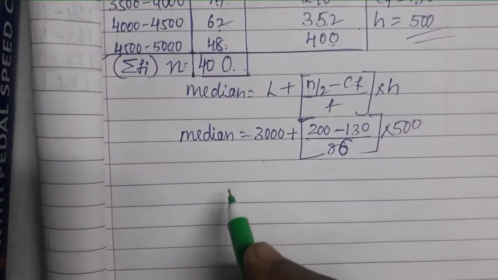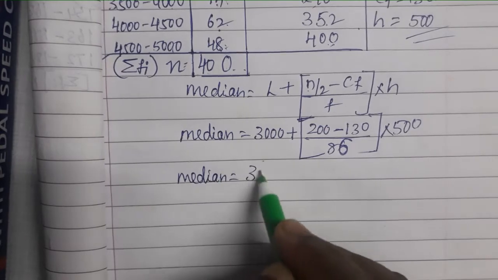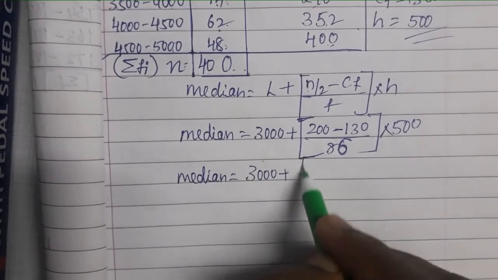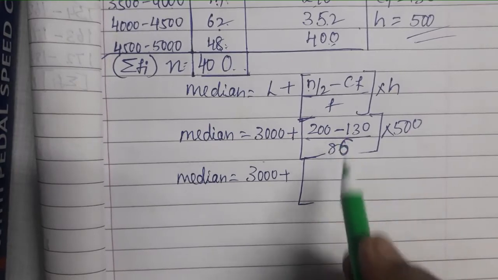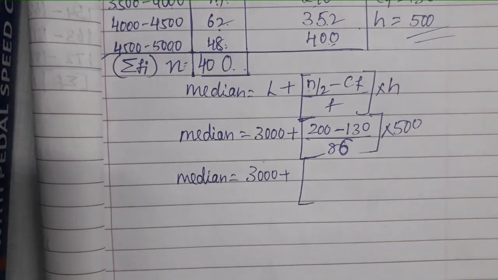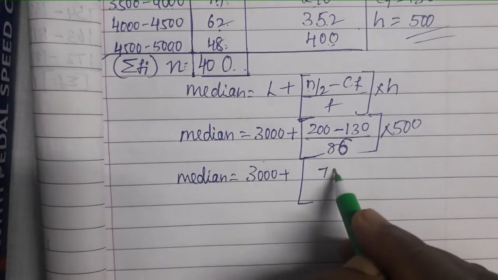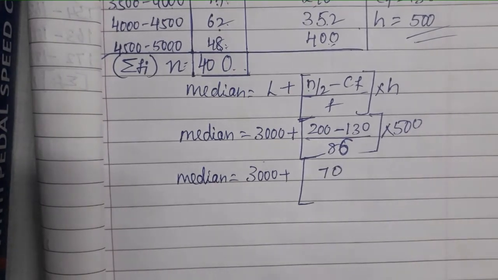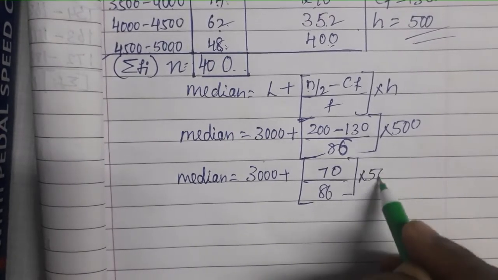Now, simplification from here onwards. Median is equal to 3000 plus 200 minus 130. How much? You will get 70, by 86 into 500.